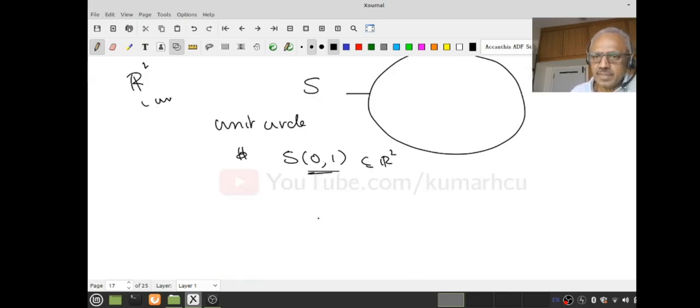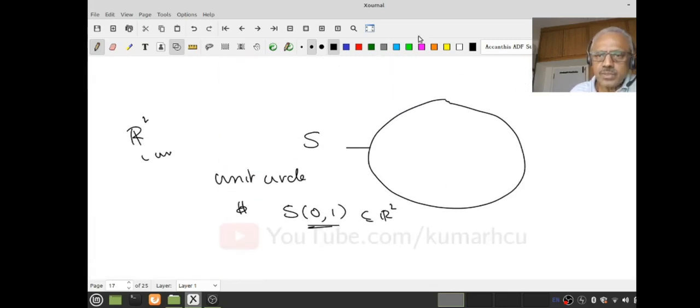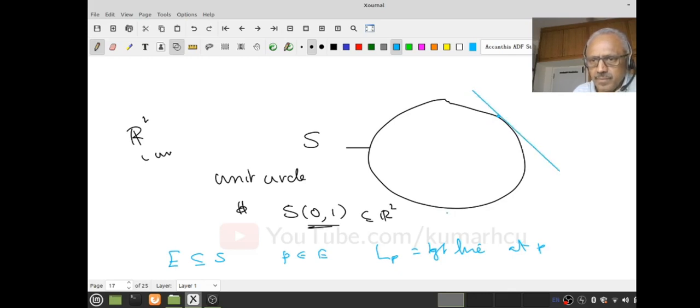Now what I want to do is look at a subset E of S, and for each P in E I look at L_P, the tangent line at P. So this is my P, this is a tangent line, this may be my P, this may be my tangent line, and so on.